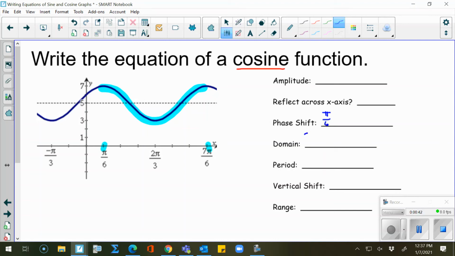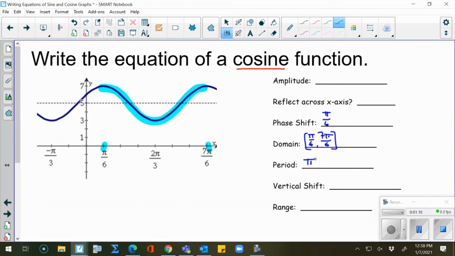And the domain of this phase is pi over 6 to 7 pi over 6. 7 pi over 6 minus pi over 6 is 6 pi over 6, and that is pi. So we've got a period of pi.